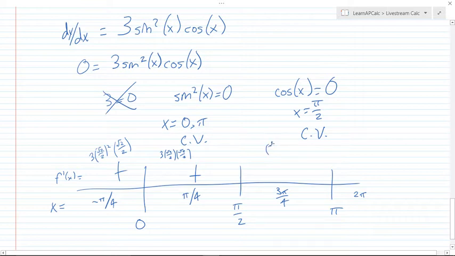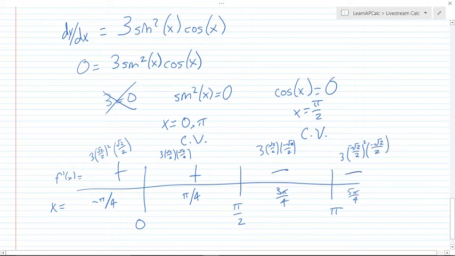3 pi over 4. Our sine is going to be positive, but our cosine is going to be negative. And so this is going to be less than 0. And again, 2 pi is a bad value to pick, so I'll just do 5 pi over 4. Alright, and so plugging that in, we can see that this is negative.